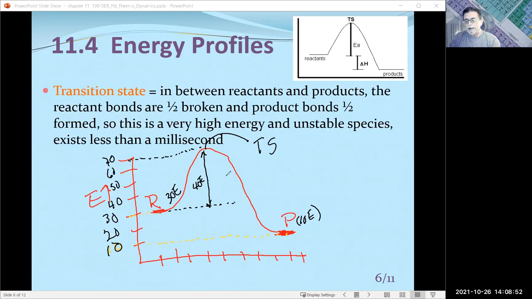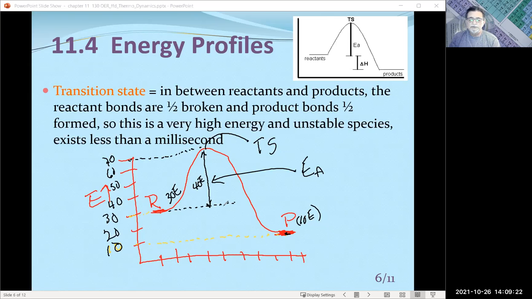So that amount of energy we call the energy of activation. That is the minimum amount of energy necessary to get that reaction from reactant to transition state and go over the hump. After the reaction is done, the products end up at, say, 10, so we've got 10 energy units.